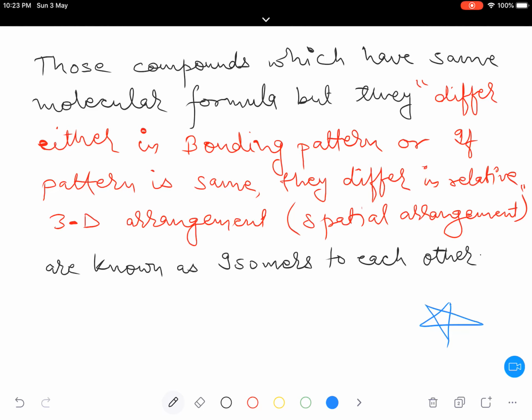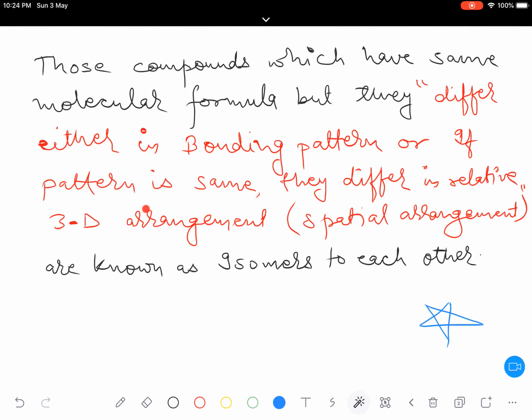Okay. Now, after defining isomers, I'll categorize isomers. See here, already we have taken the differentiating factor. We are saying they differ either in bonding pattern, so that will be one of the categories of how to differentiate isomers, or they differ in relative three-dimensional arrangement, meaning how the atoms are distributed around a particular center in 3D.